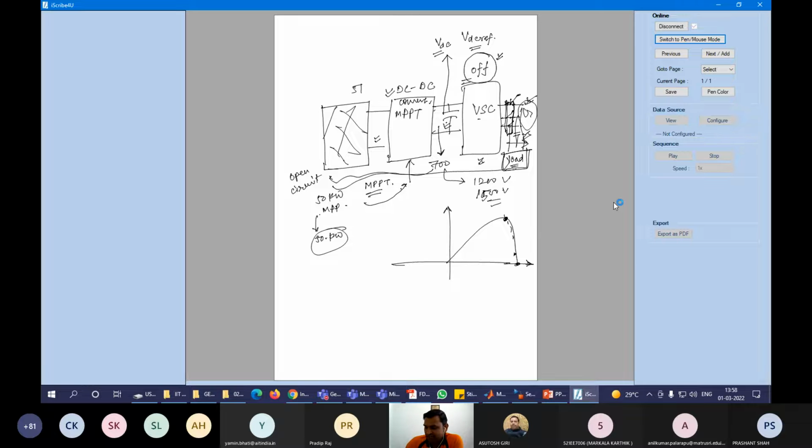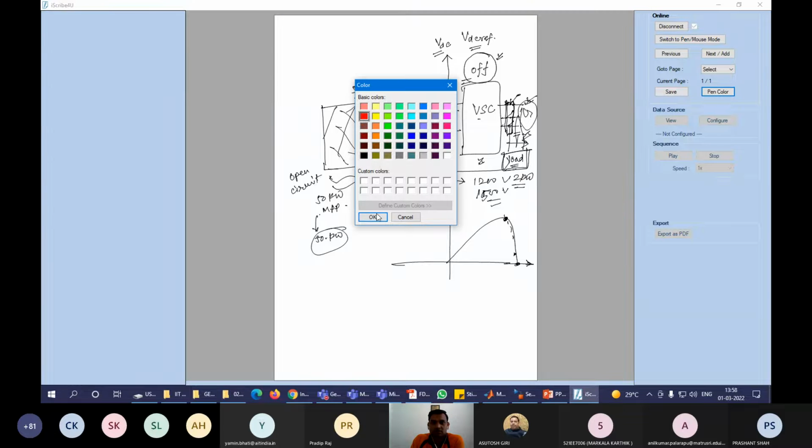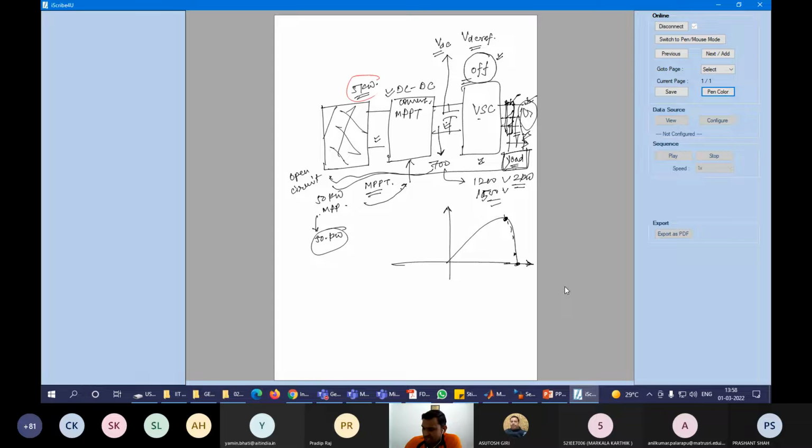You have designed a 5 kilowatt PV. Suppose I put a 2 kilowatt load here. So what is the power going to the grid? 3 kilowatts.